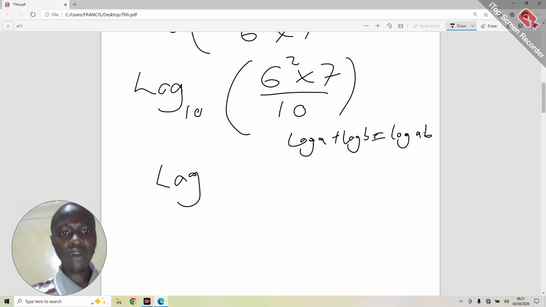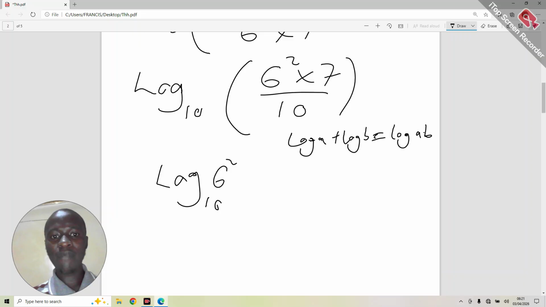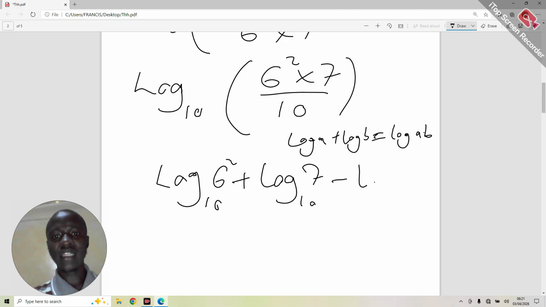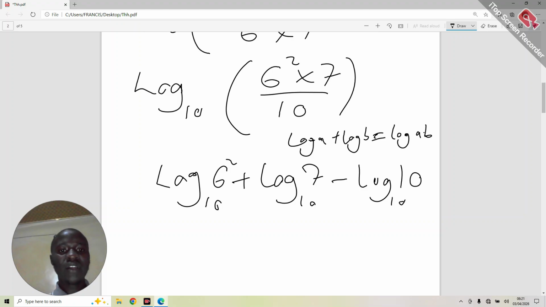So we have log of base 10, 6 squared. Instead of times, we have plus log of base 10, 7. Then because this is a division sign, we subtract log base 10 of 10. So remember this part, there's a law also representing it. Which law is that?